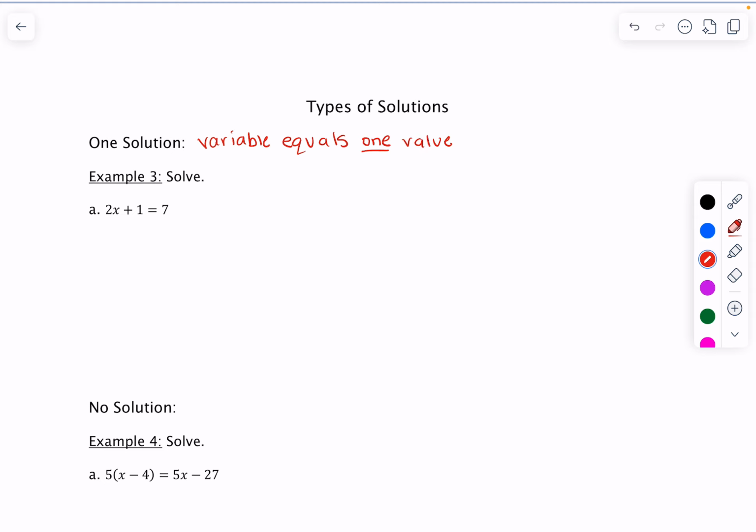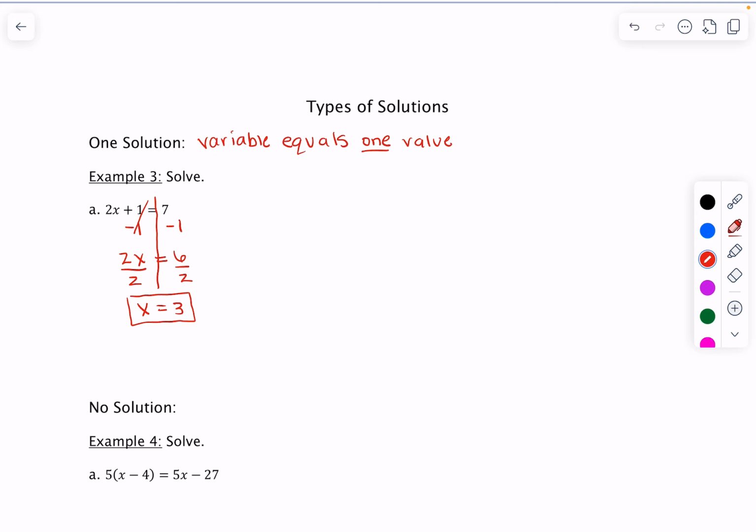So for example, 2x plus 1, subtract the 1 on both sides. I get 2x equals 6. Divide by 2. And I get x equals 3. That is one answer, just 3, one solution. Okay? That's typically a lot of the problems we're going to be doing.